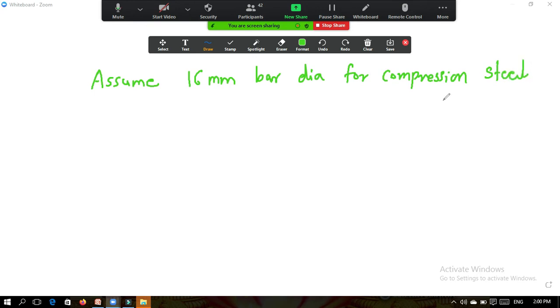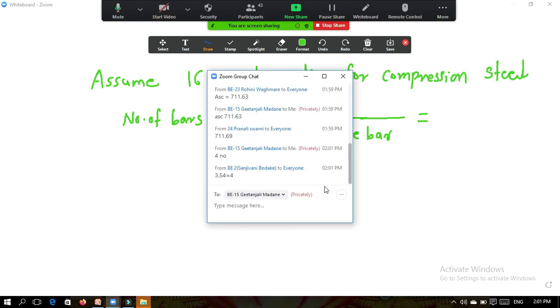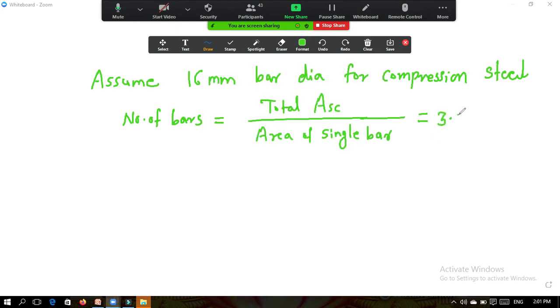If we assume 16 mm bar diameter, then the number of bars is equal to total ASC divided by the area of a single bar. Let me know the value please. It is 3.54, which is nearly equal to 4 bars.